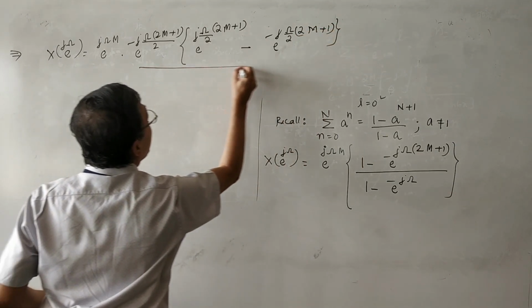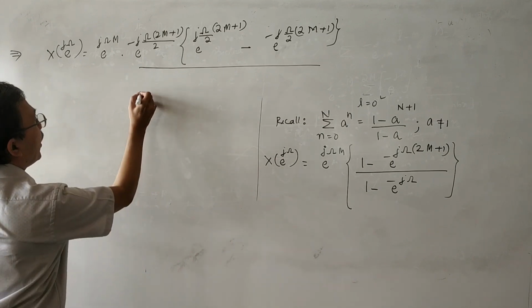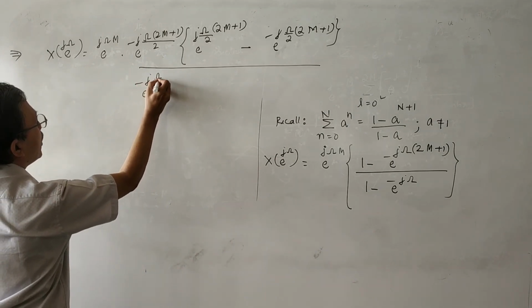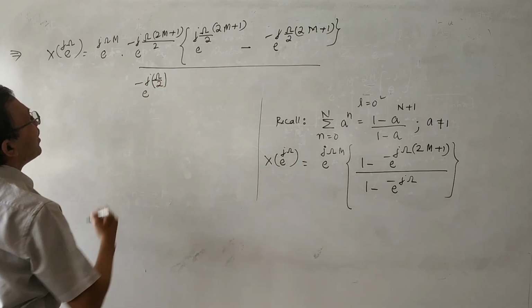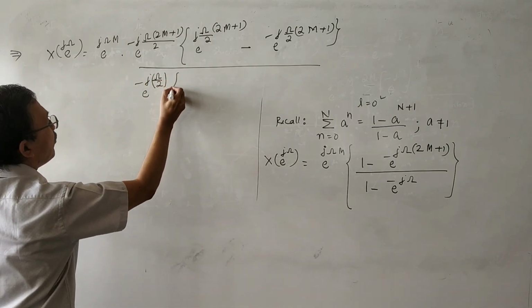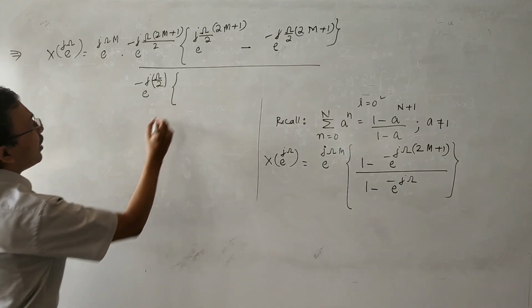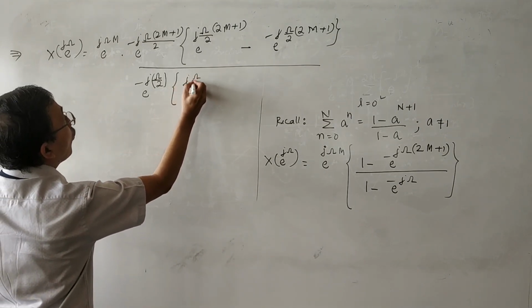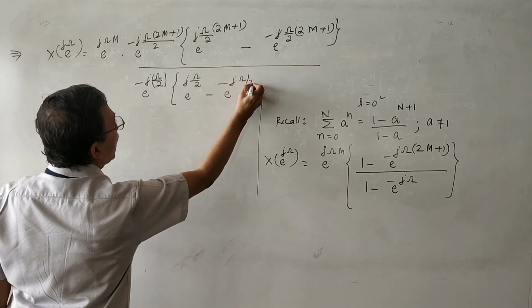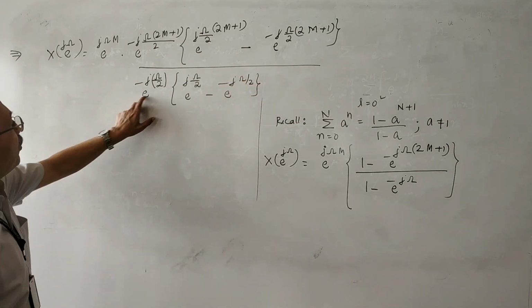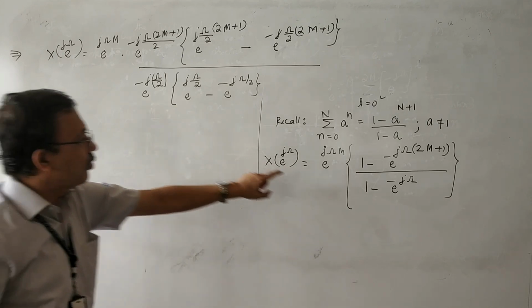In the denominator also, I will take e to the power minus j omega by 2 common. If you take common, what happens? You get e to the power j omega by 2 minus e to the power minus j omega by 2. Multiply these two exponentials, you get e to the power 0, which is 1.